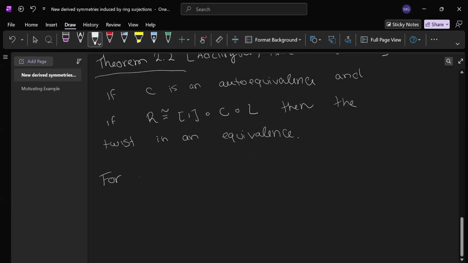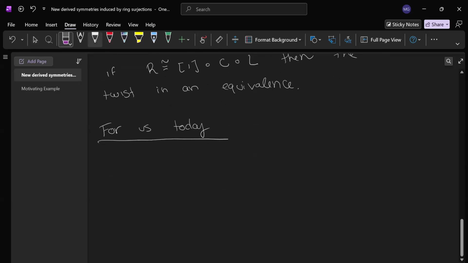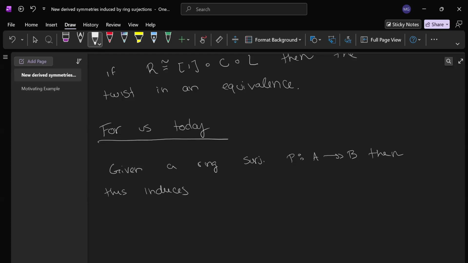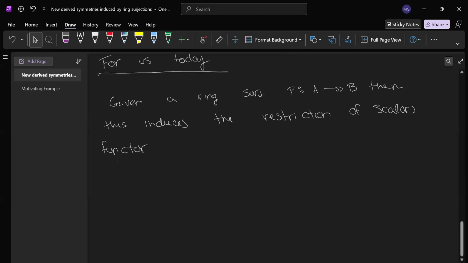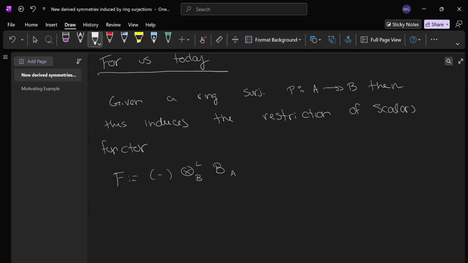So for us today, the functor that we're interested in: we're given a ring surjection A to B, and this induces the restriction of scalars functor F, which is the derived tensor over B of B, seen as a BA bimodule.